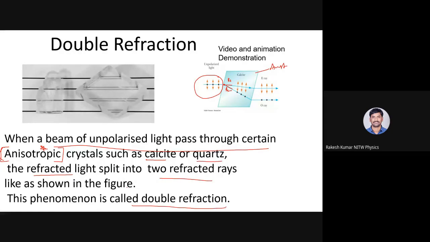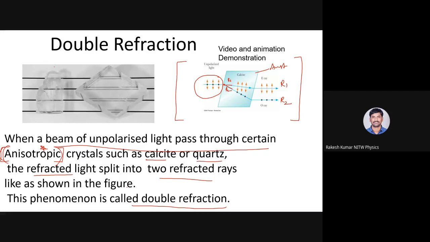This entire phenomenon is called double refraction. This happens only in anisotropic materials. We'll see why it happens only with anisotropic materials and not with others.